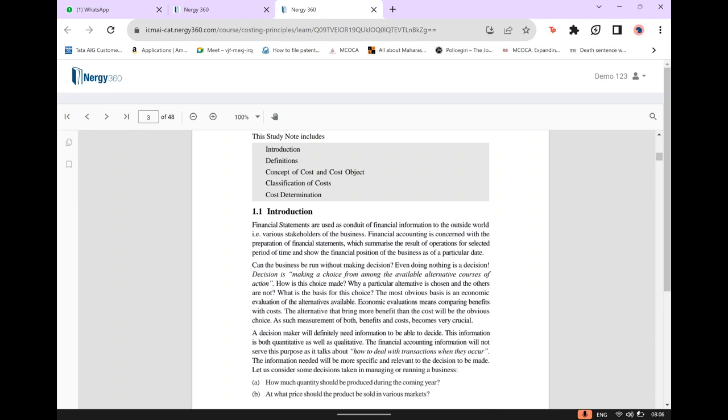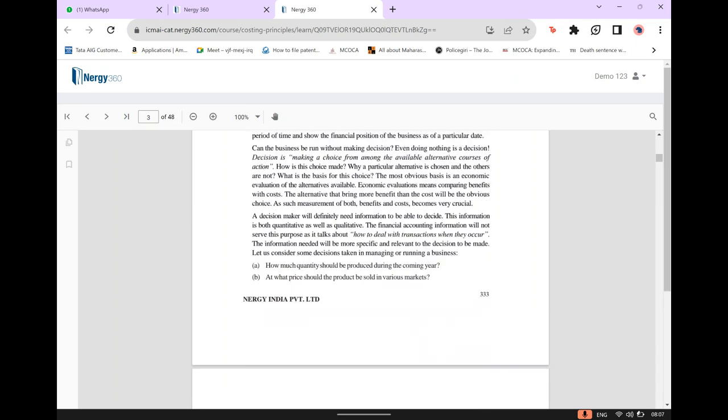Budget, forecast, all those things are tools which are very much part of cost and management account. It will not work in isolation, but it will work in connection. Both of them are coordinated and integrated.